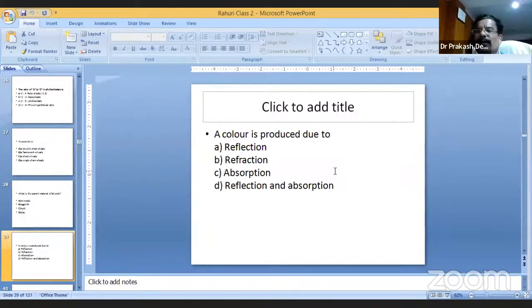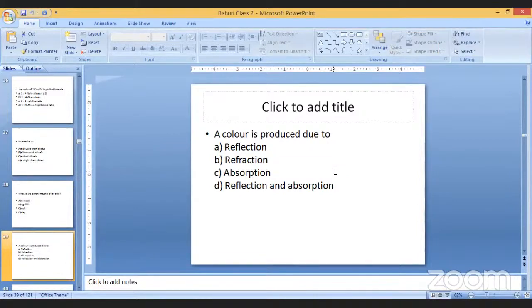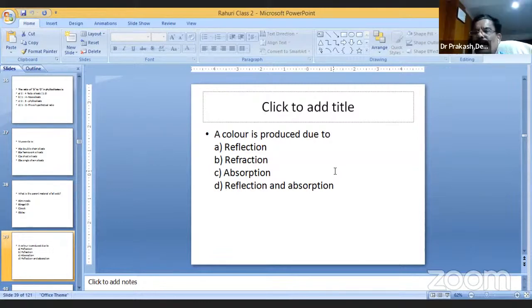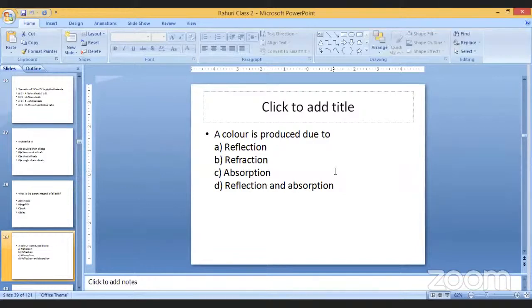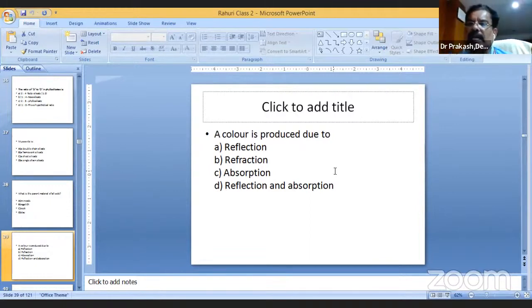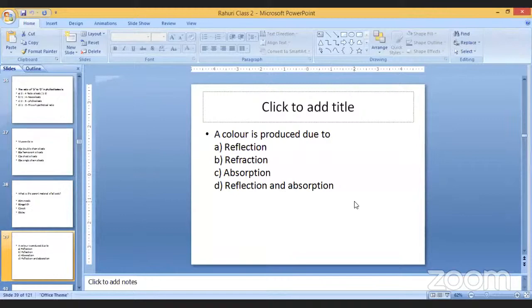What does it do with light? It absorbs all the colors, sir. Right. Why does a plant leaf appear green? Because all other colors are absorbed, reflecting only green light, right? So the option is reflection and absorption.